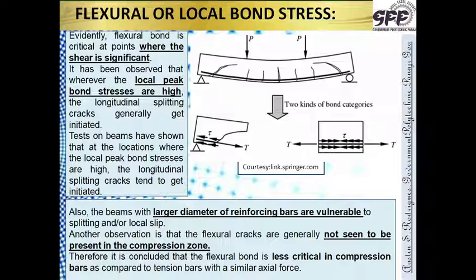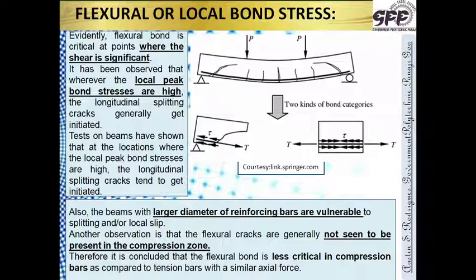It has been observed that wherever local peak bond stresses are high, longitudinal splitting cracks are initiated. Tests on beams have shown that at the locations where the local peak bond stresses are high, the longitudinal splitting cracks tend to get started.